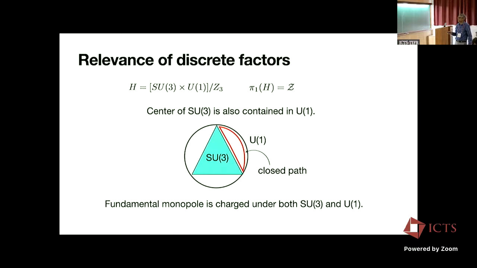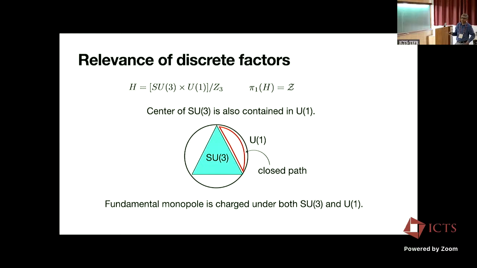So kind of pictorially, this is a caricature. The U1 is a circle, and SU3 is some complicated group, but there are some common points in them. And so a monopole corresponds to pi 1 of H. So for example, you could have a wrapping all the way around, but it turns out that a shorter path is the one that goes down here and then comes back through the SU3.